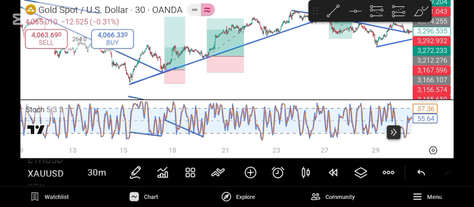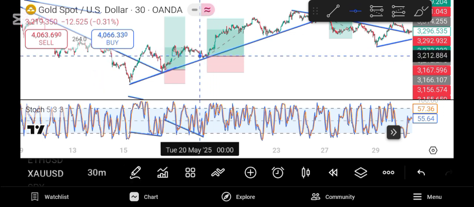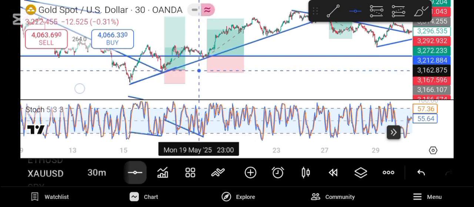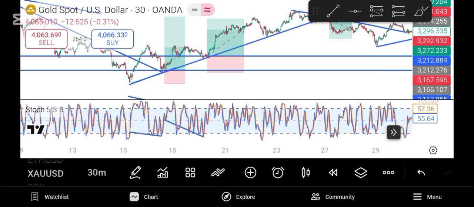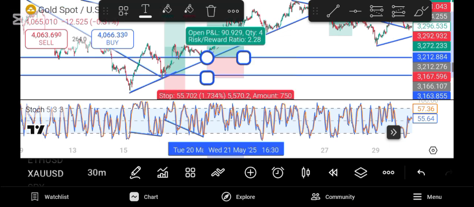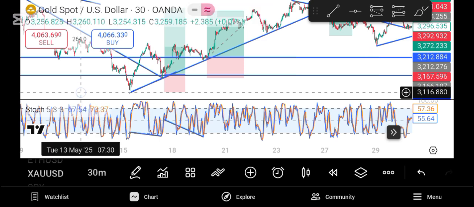A lot of people here, at this point, respected the trend. You add more position here aside from the initial entry. This was the initial entry. A lot of traders caught this trade here, and while it was moving, they were adding more position at this point. As you keep moving, you keep adding more position and keep scaling up your trade.